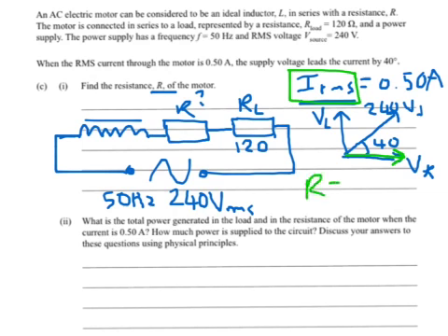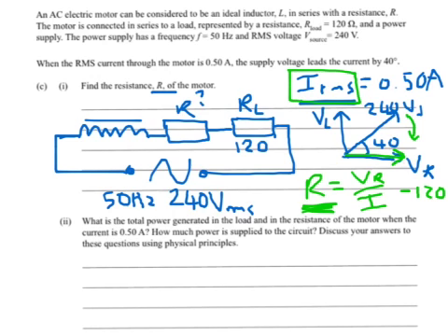So R equals V over I. We first have to use our cosine rule to go from the supply voltage to the voltage across the resistance. Once we've got that, we can calculate our total resistance, and then we have to take away 120 ohms to get just the value of R.